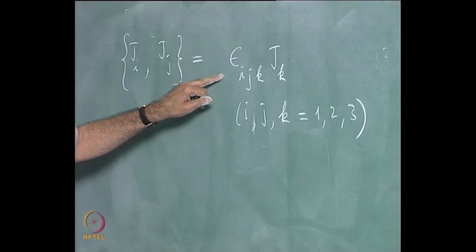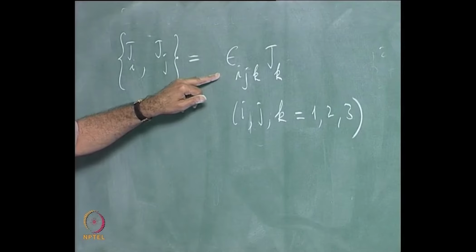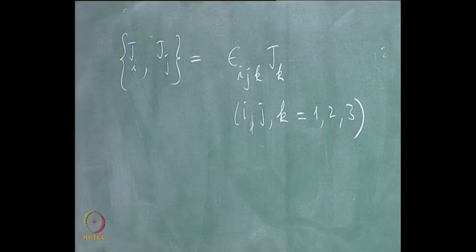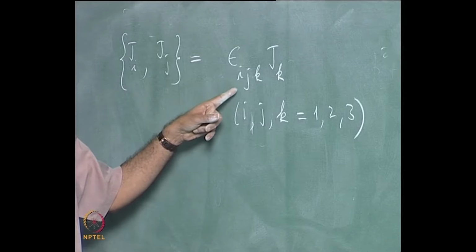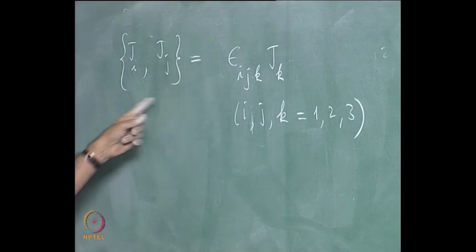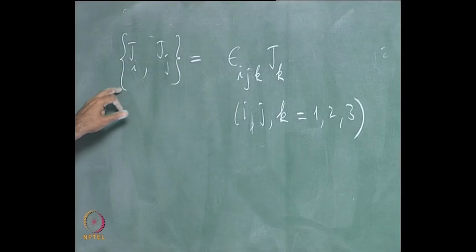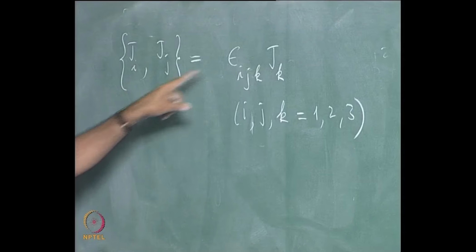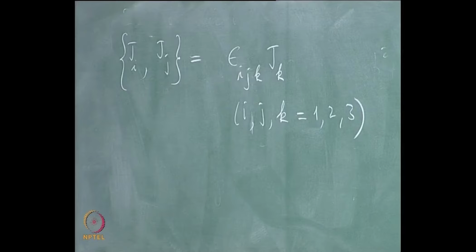This is the totally antisymmetric symbol in 3 dimensions. It is equal to +1 if ijk are a natural permutation or an even permutation of 1, 2, 3, -1 if it is an odd permutation, and 0 in all other cases. This is the Levi-Civita symbol in 3 dimensions. So this stands for a set of 3 relations. J1 comma J2 is J3, J2 J3 is J1, and so on in cyclic permutation.